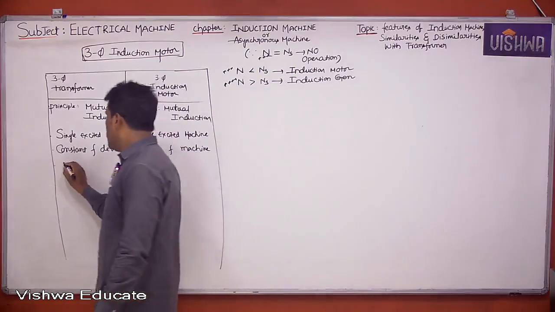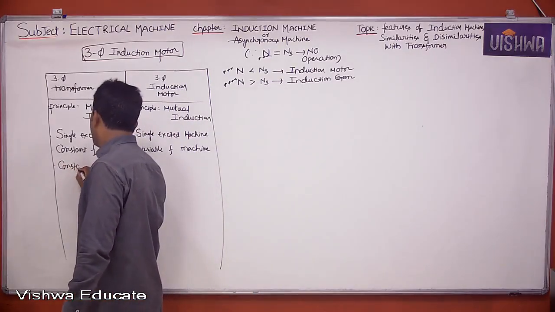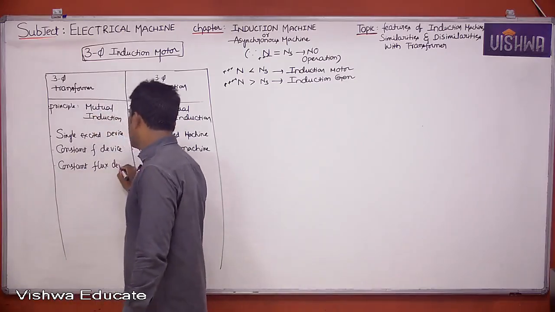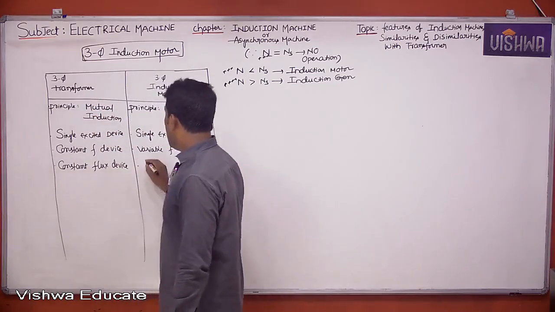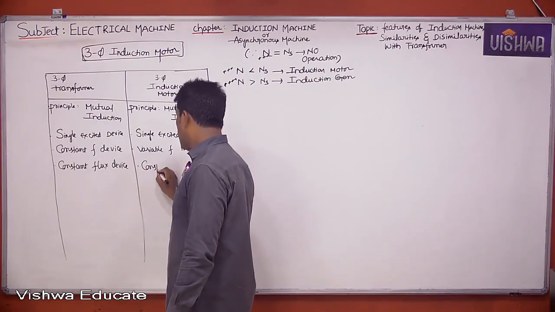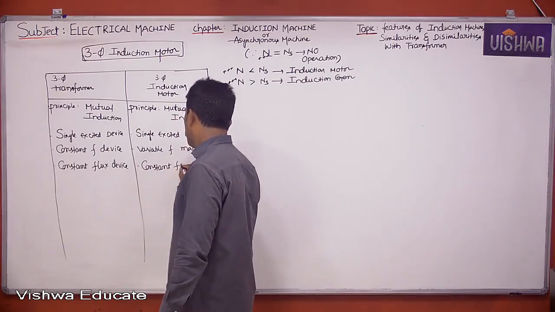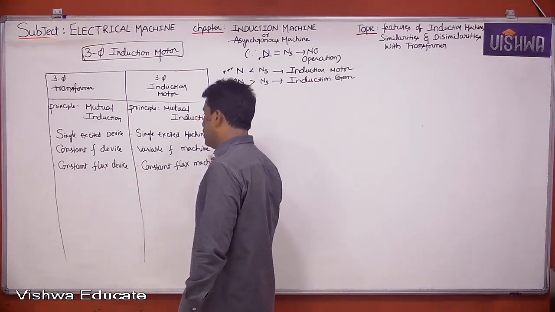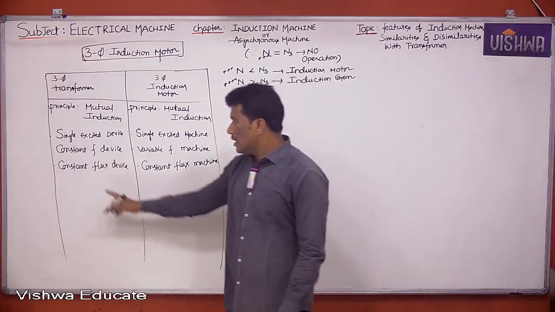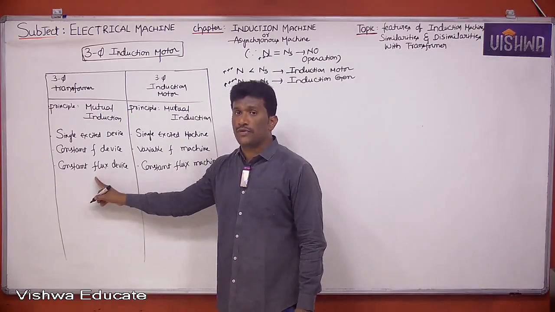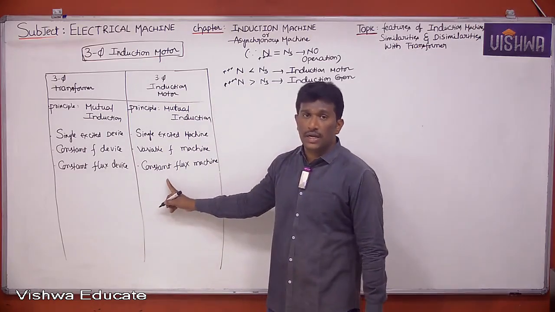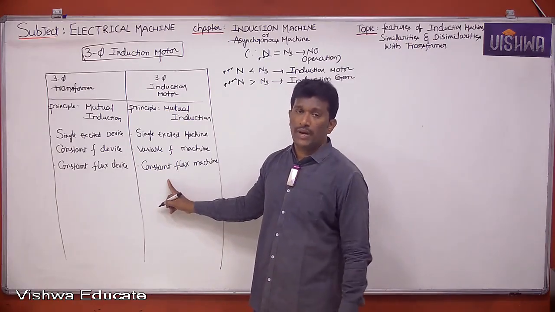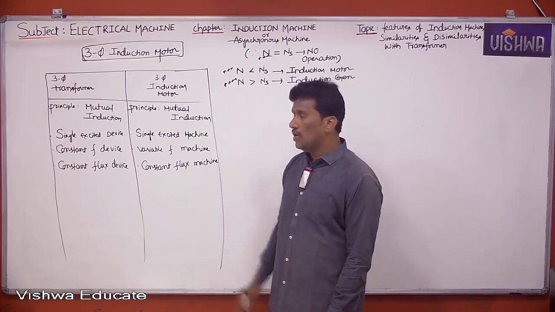Let me write here: it's a constant flux device, and it is also a constant flux machine. There I will maintain core flux constant irrespective of your load changes. Here we will maintain a resultant flux or air gap flux constant irrespective of your load changes.